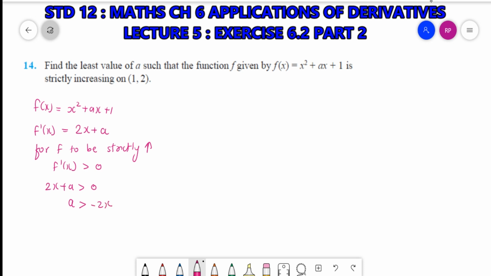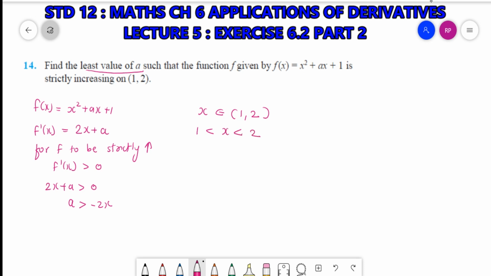Okay, now the question is the least value of a. You have to find out the minimum value of a. Right, now x belongs to the open interval (1, 2). Clear? So I can write 1 < x < 2.